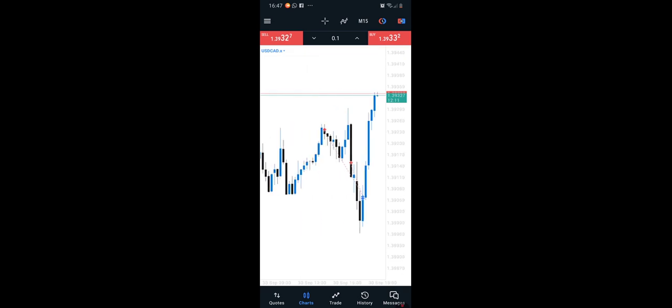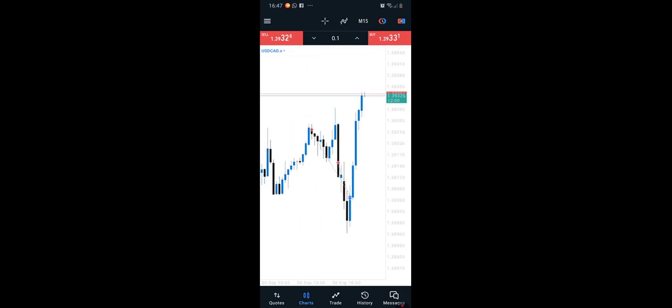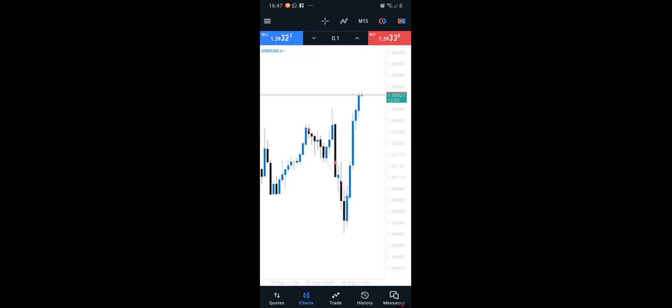So now let me show you guys the trade that I took here. Let me show you guys on my account the trade that I took. Here's the card. This is it here. As you can see here, this is the trade.